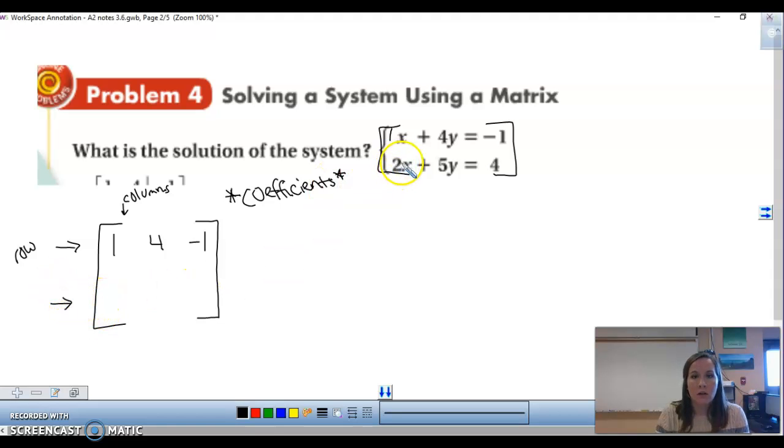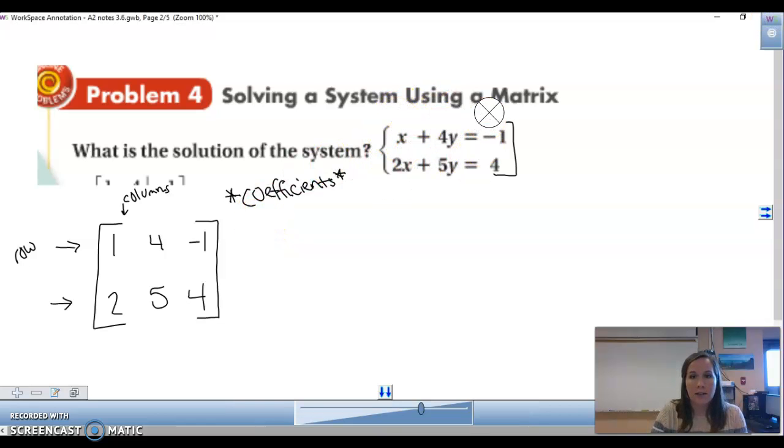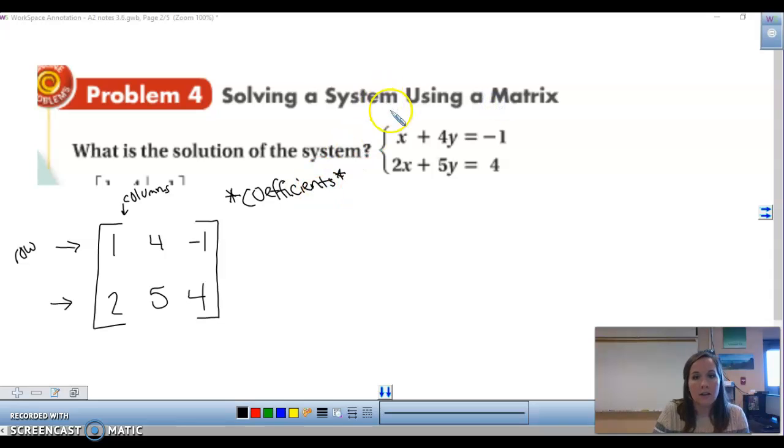So our next row, we're going to start with the 2 because of the 2x, and then we have 5 because of the 5y, and then 4. Every number in here matches up with this equation as if I were to draw brackets. They're all in the exact same location. We just dropped the variables, the plus, the equal sign, all that good stuff.